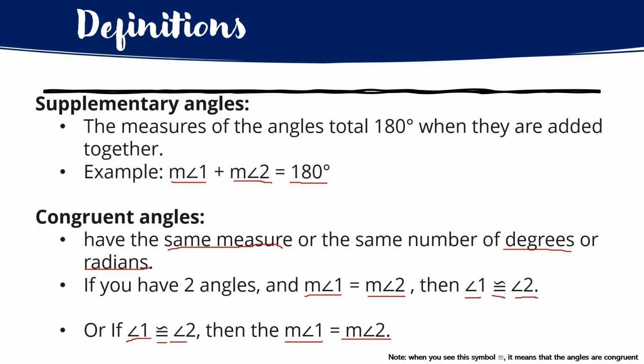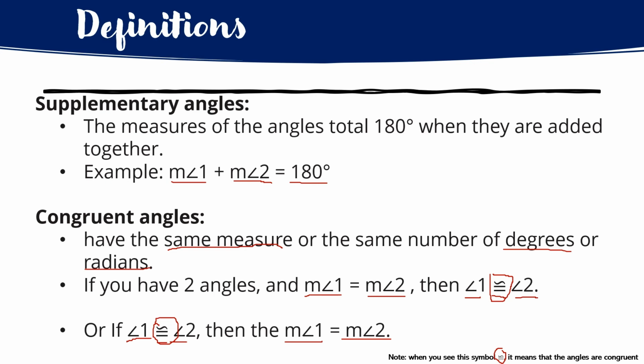And here's a little note. If you see this symbol anywhere in your geometry or math classes, especially with angles, it means congruent. They are congruent, or they are equal, or they have the same measure.